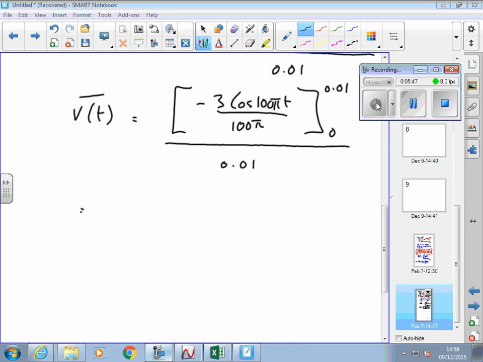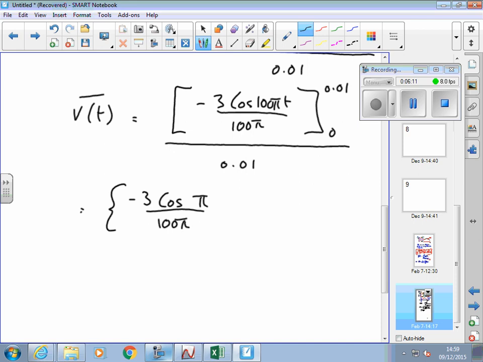Now use the curly brackets and I replace t with 0.01. So 100 pi times 0.01 is just pi, so that's minus 3 cos pi over 100 pi.